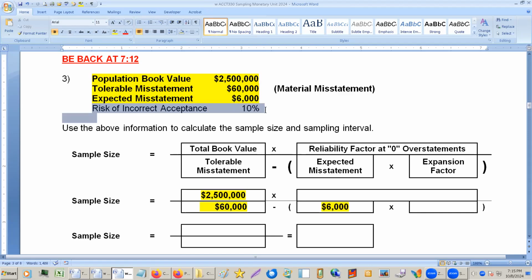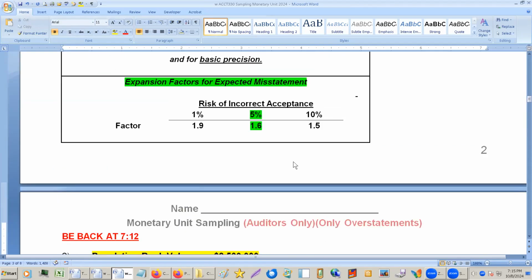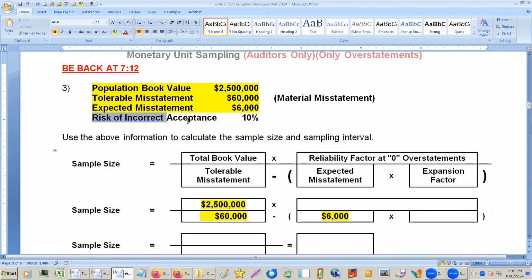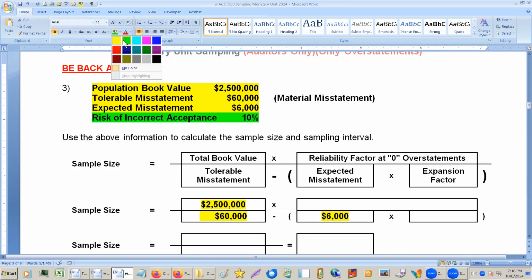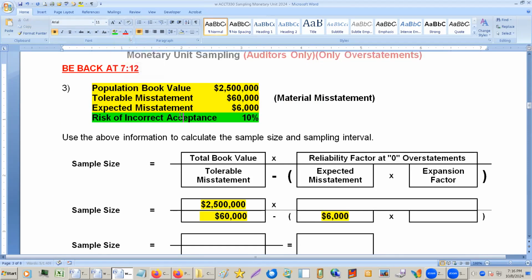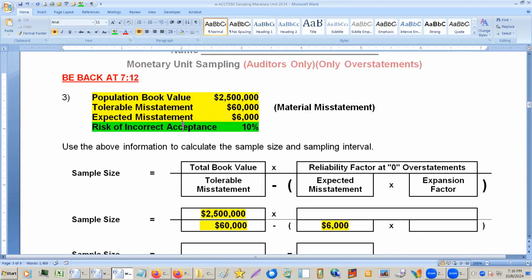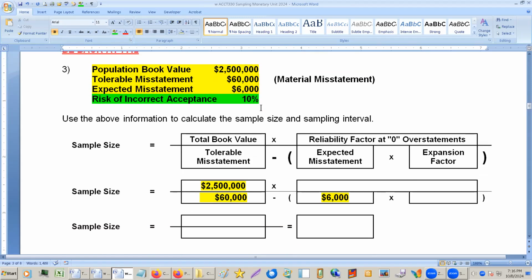Now we have to go to our tables. Our risk of incorrect acceptance is 10%. This is if we accept the financial statements and we shouldn't. The lower the better on this, but there's a judgment call.